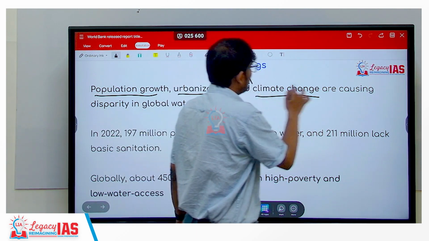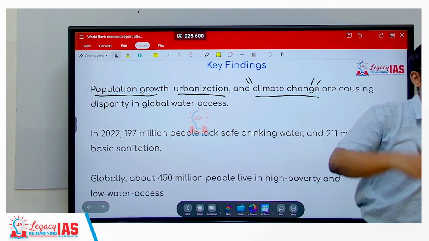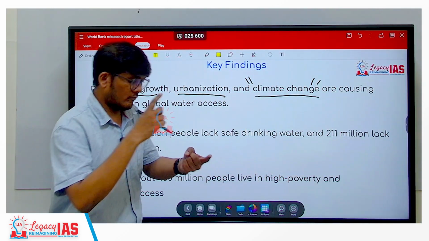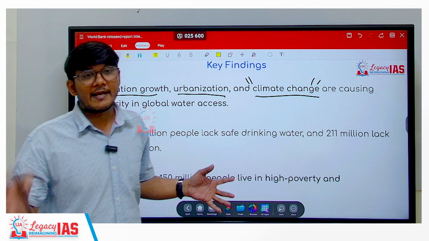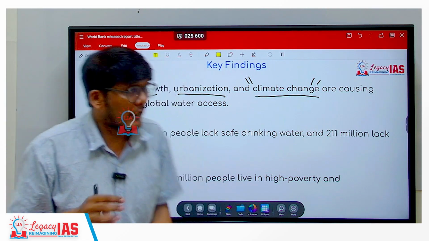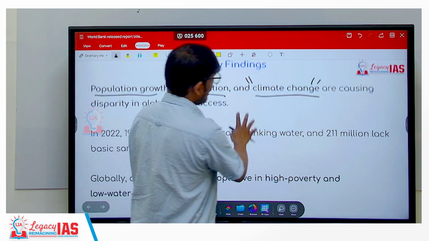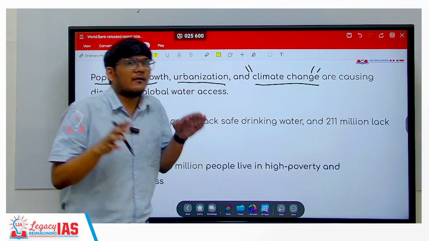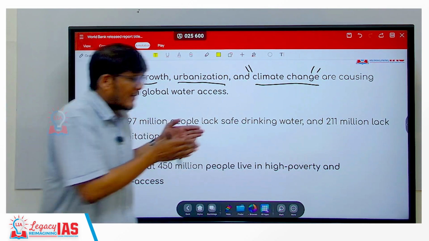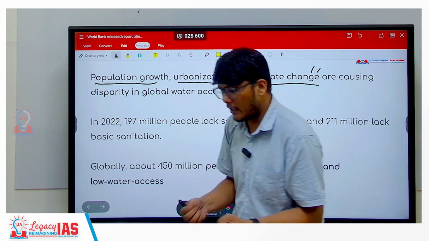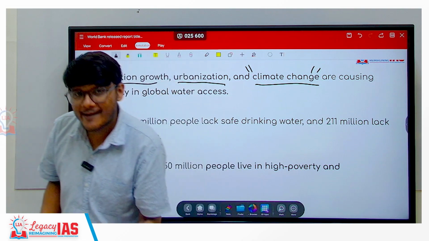Plus there is climate change. When there is climate change, there is weather extremities. See, weather extremities as in there would be drought kind of situation as well as flood kind of situation. Now in flood there is water, but then also what happens is, if a rain of let's say 50 centimeters takes place over a period of 1 month, it gives the time for the soil, for the earth to absorb that water.